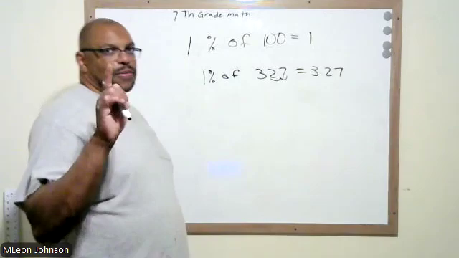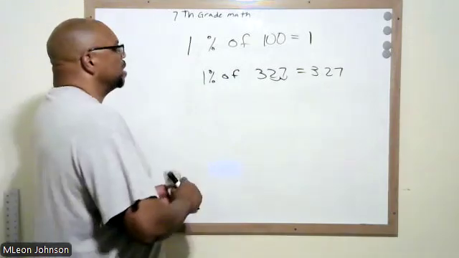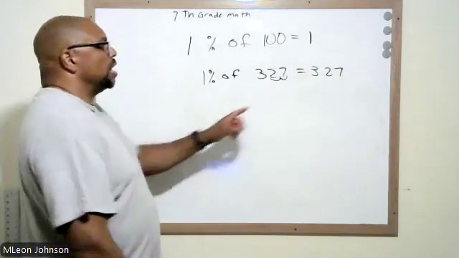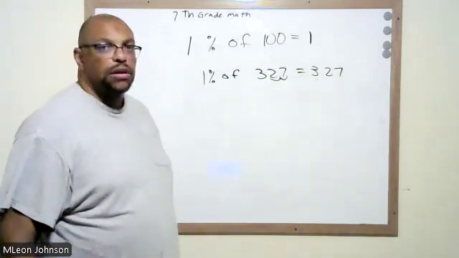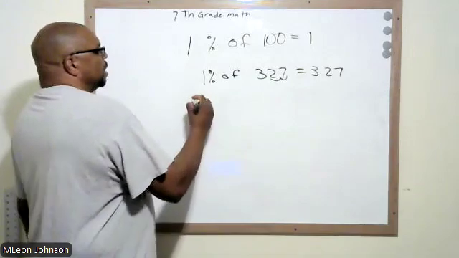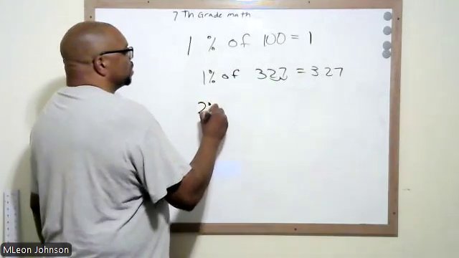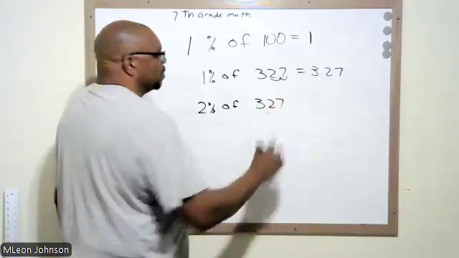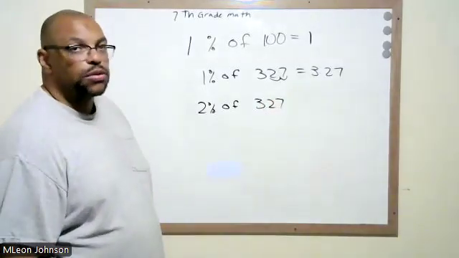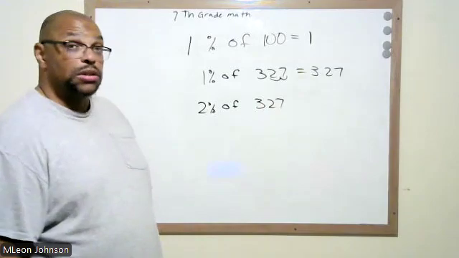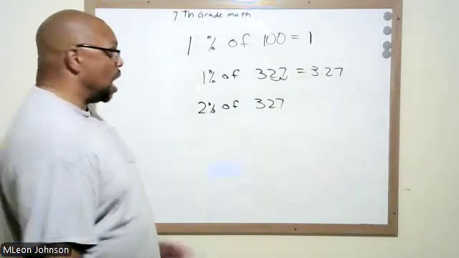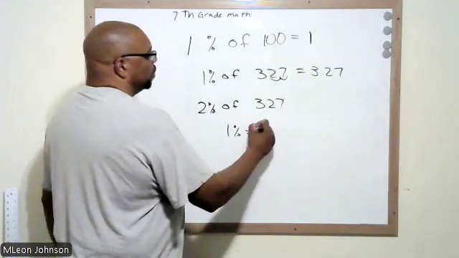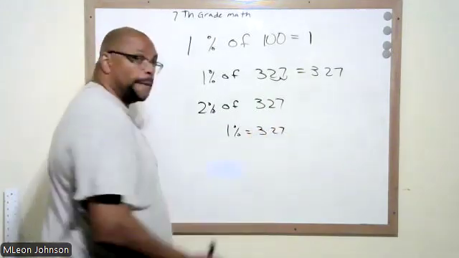Now, we're going to get to this. If I know that 1% is 3.27, what happens if I wanted 2% of 327? Well, it's similar to doing 10%. I know 1% equals 3.27, right?